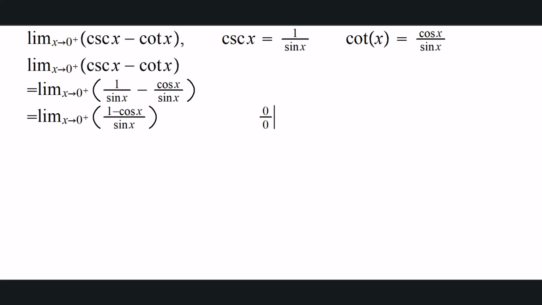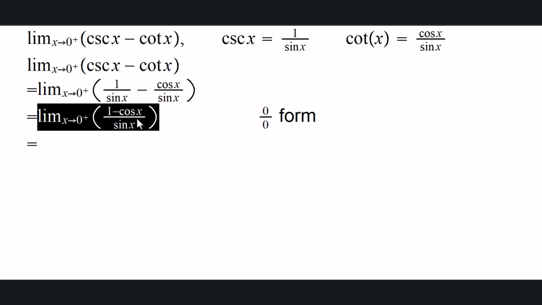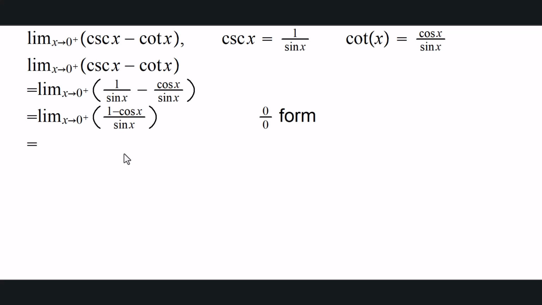You can use L'Hopital or you can use identities further, whichever way you please. Let's use L'Hopital because we know L'Hopital. What we will do is differentiate the numerator with respect to x, so the derivative of 1 is 0, and that of cosine x is how much?